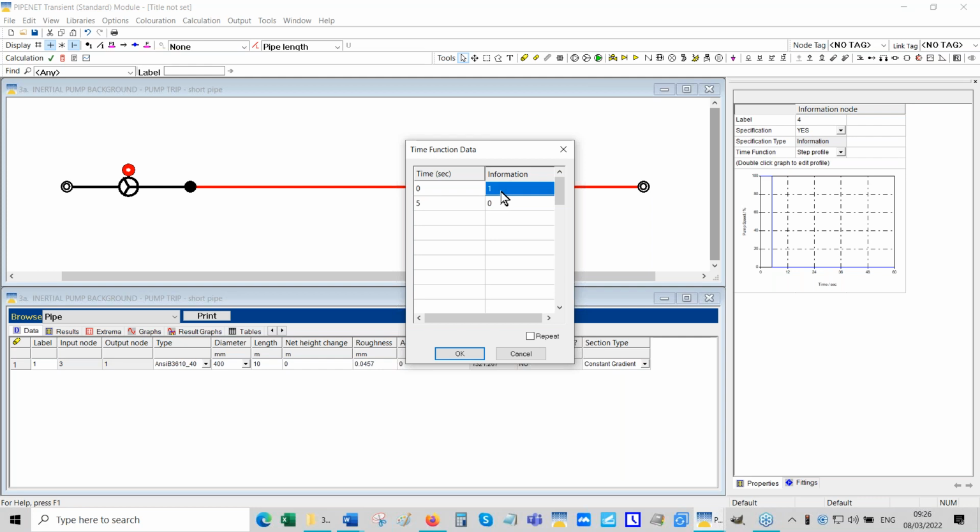So the speed is 1, which, as you know, is the design speed or the rated speed. At 5 seconds, we say that the input goes to 0. That's when the signal goes to 0.